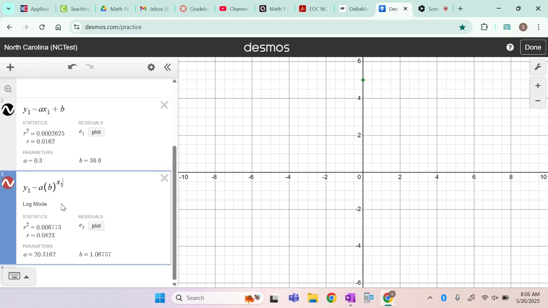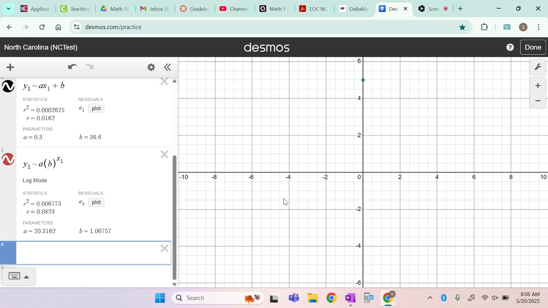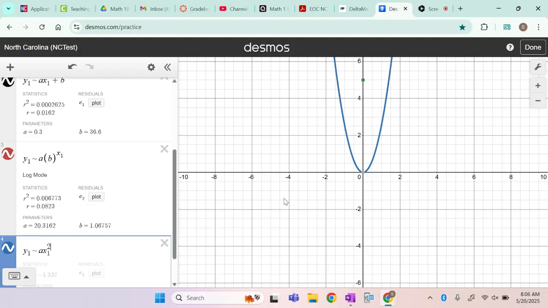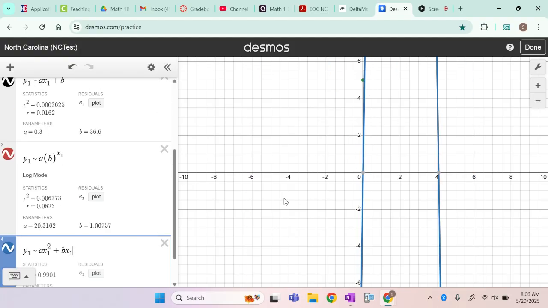All right. And then lastly, I'm going to type in quadratic. So y1 squiggle ax1 all squared plus bx1 plus c.